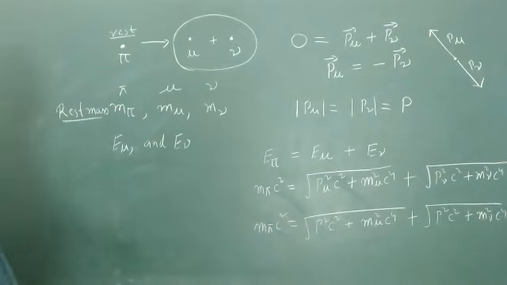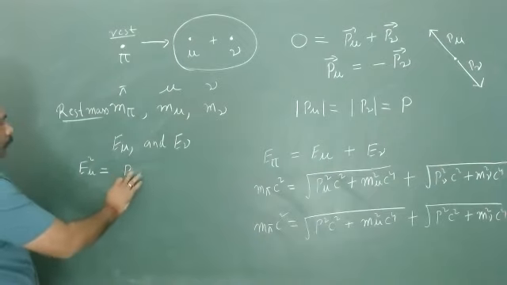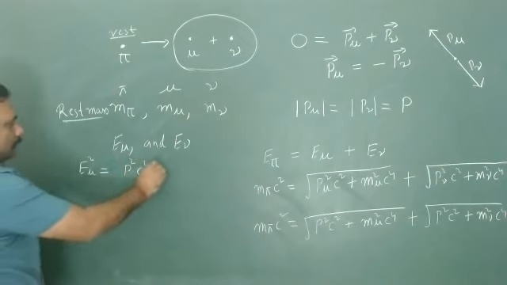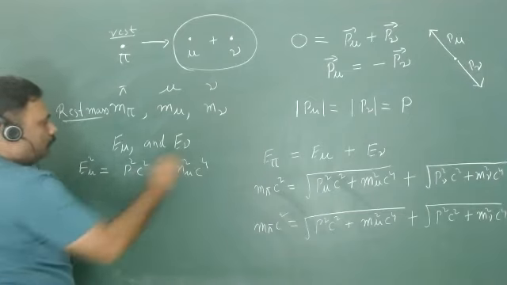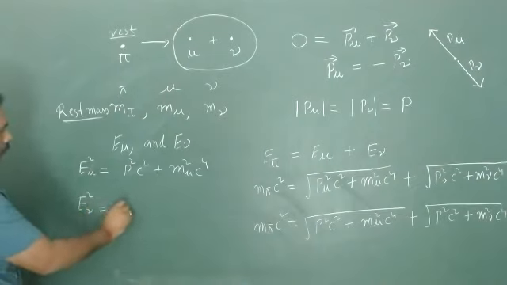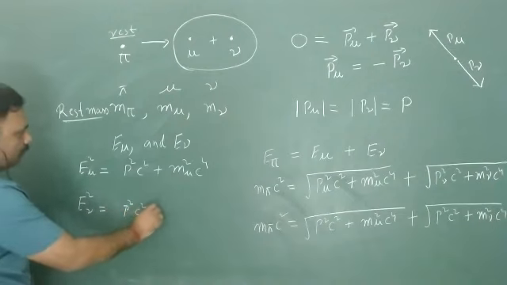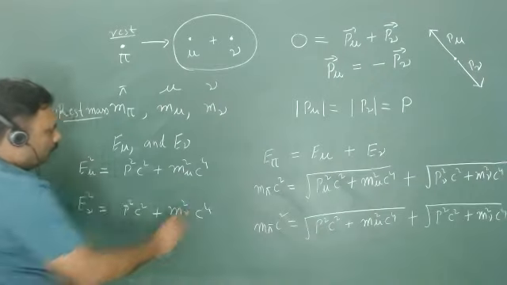Now, can I write E_μ² = p²c² + m_μ²c⁴? I can write. Can I write separately E_ν² = p²c² + m_ν²c⁴ separately?